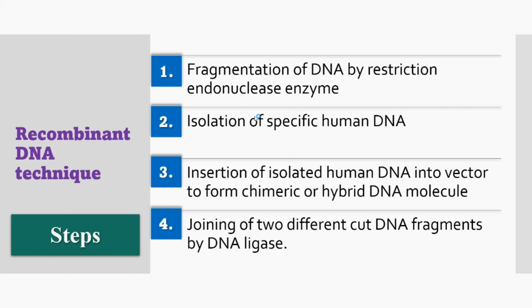This particular process is called chimeric or hybrid DNA formation. These two DNA of different sources are joined by DNA ligase. That is the fourth step. We already learnt in DNA replication what are the functions of DNA ligase.